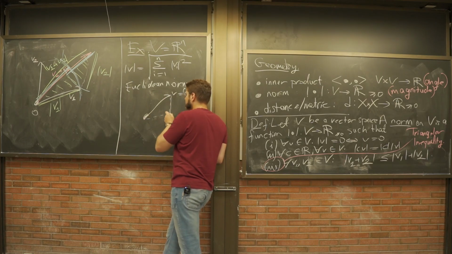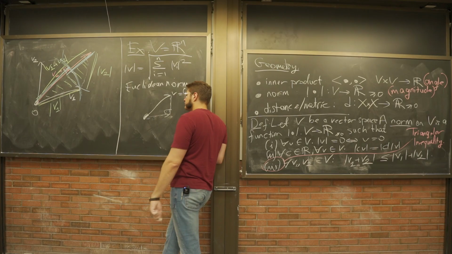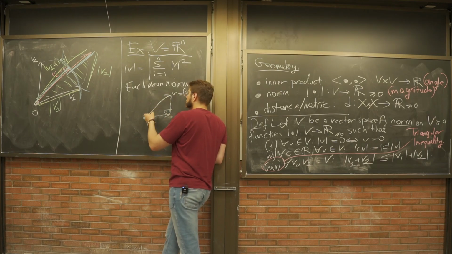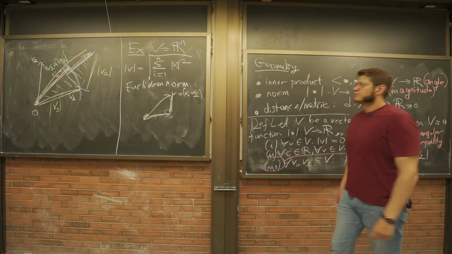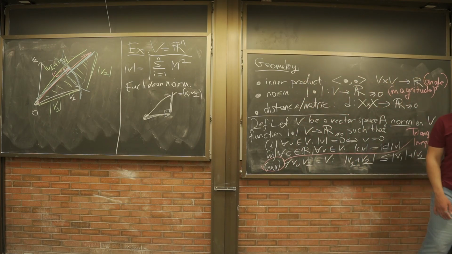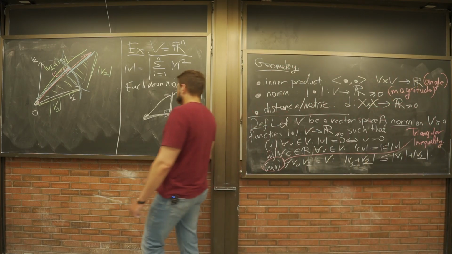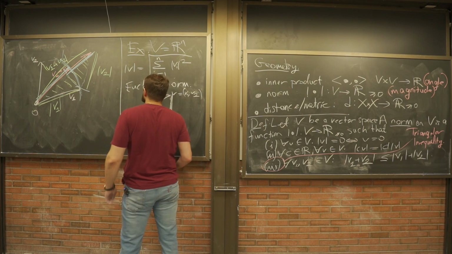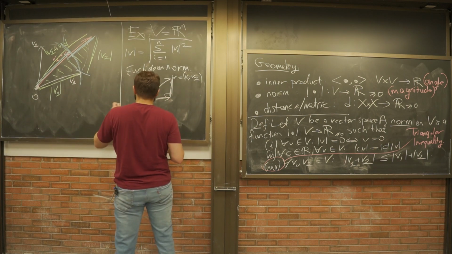Well, this is a right-angled triangle. So the length of the hypotenuse is the length of this squared plus the length of this squared, and then you take the square root of that sum. So we're also going to call this the L2 norm, by the way.